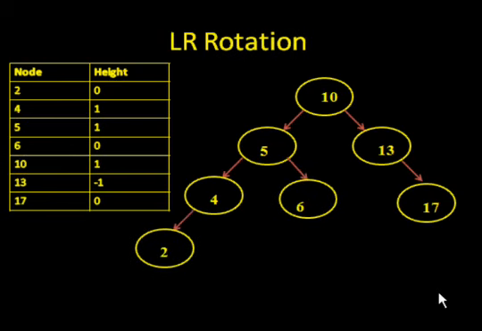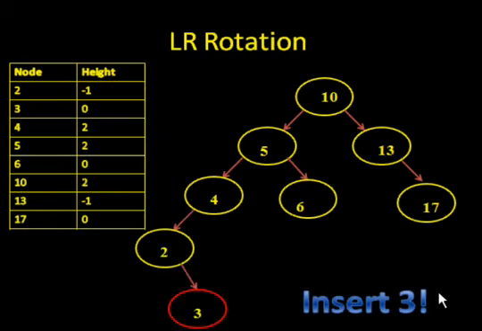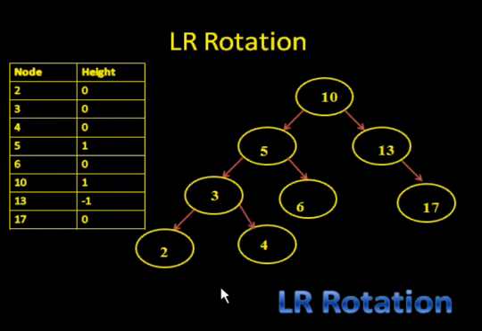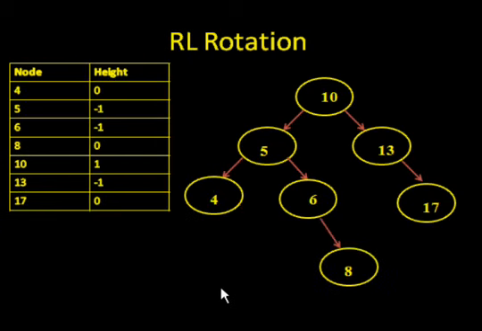Good. Now the left-right rotation. If we insert the number 3, then we see that 4 is unbalanced, and we insert 3 in the left-right part of 4. And if we rebalance it, it would look like this. A right-left rotation, again, is the mirror image of a left-right rotation.